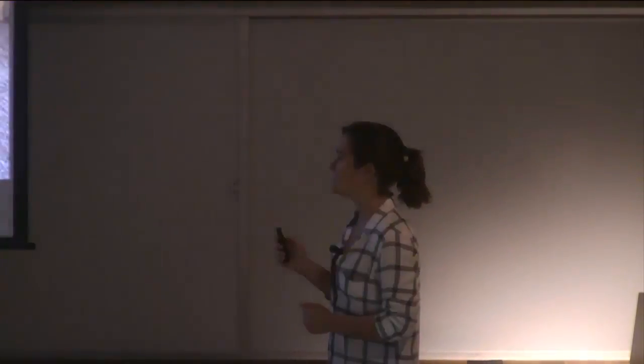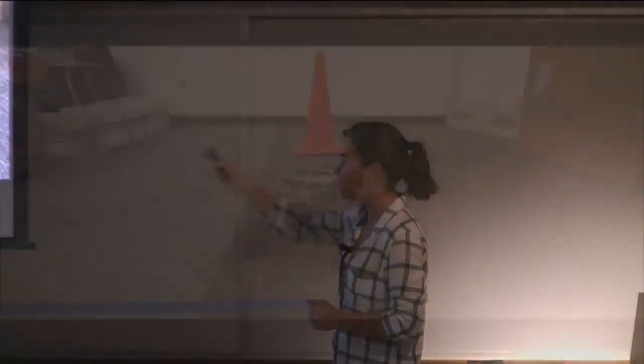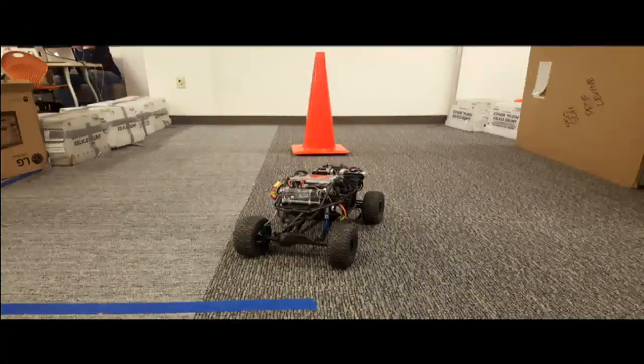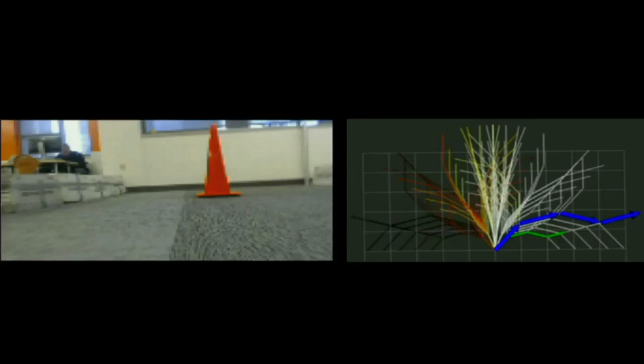Okay, so how well does this work? Greg had two experiments in this setting. One was a car, and the goal was to move as fast as possible while avoiding obstacles, either the cone or obstacles on the side. Greg had different trajectories that the robot could take. In this case, he just hand-coded these sorts of primitives that the robot could choose.